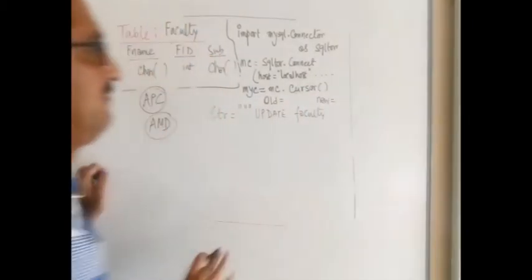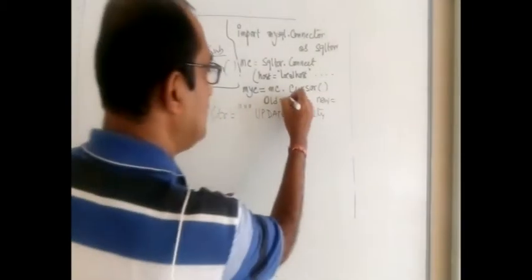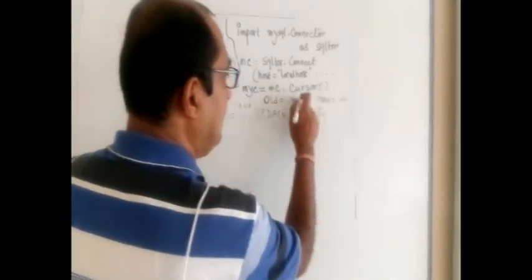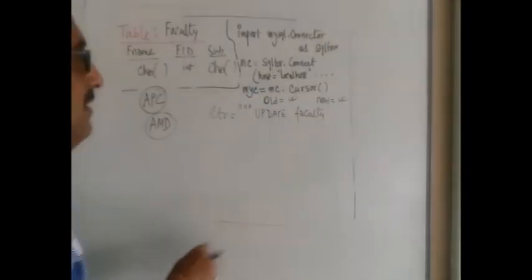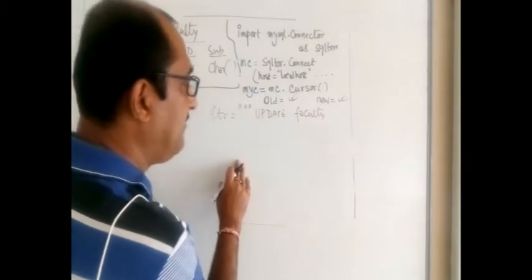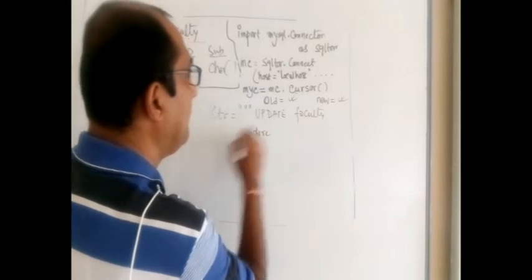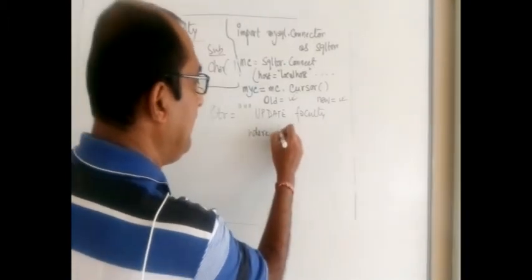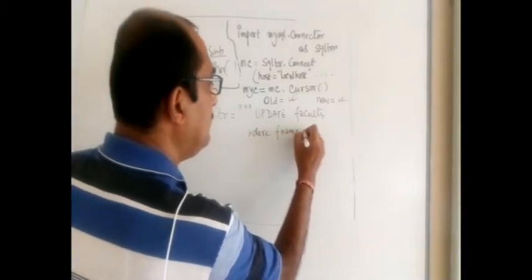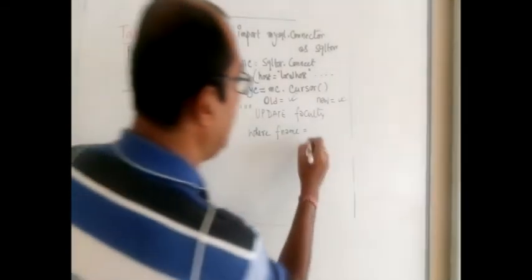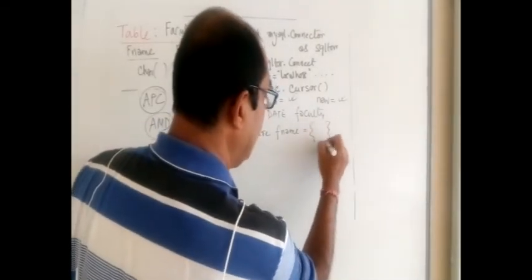One was the old value, and another was the new value for the faculty name. Both old value and new value are taken by proper input function. Now str equals update faculty, where fname equal to the old value.